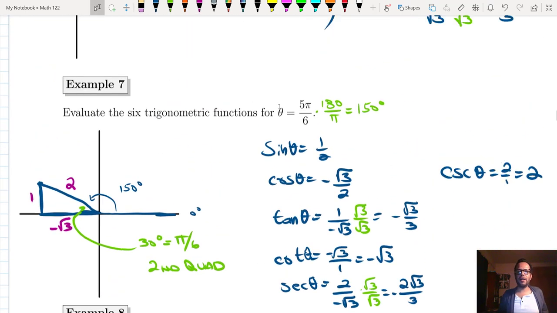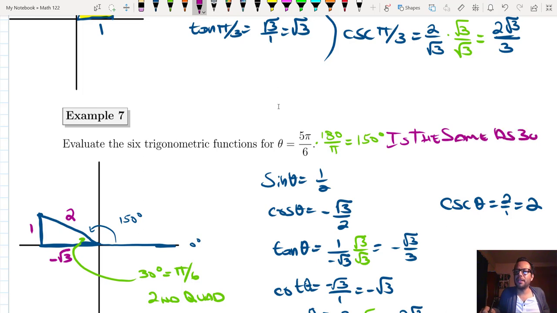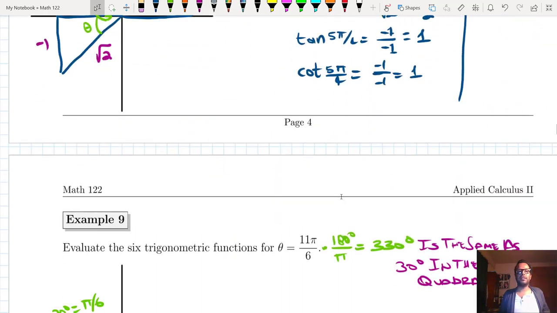On the other hand, the 150, okay, what was 150? It was the same as 30 degrees in the 2nd quadrant, right? So that's how we work on this, right?